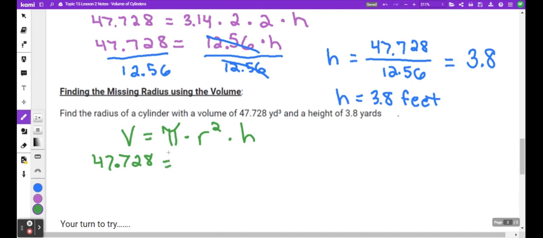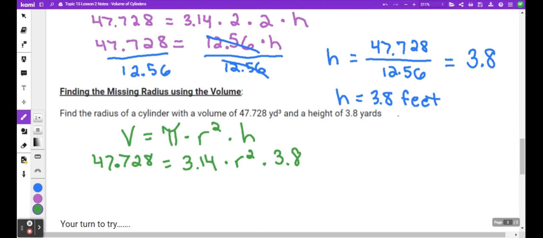We know that pi obviously is 3.14. We do not know what r to the second power is. And we do know that the height in this instance is 3.8. Similar to above, I'm going to multiply the 3.14 times the 3.8 on the right-hand side.